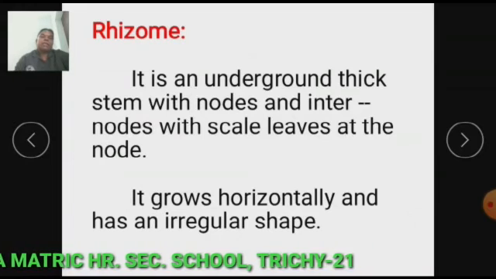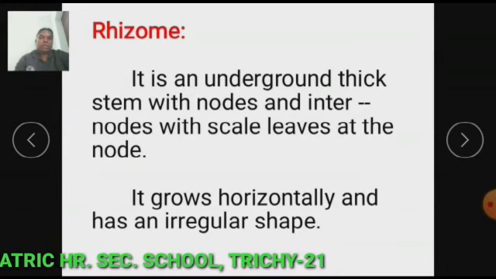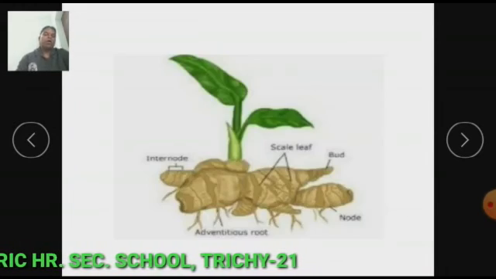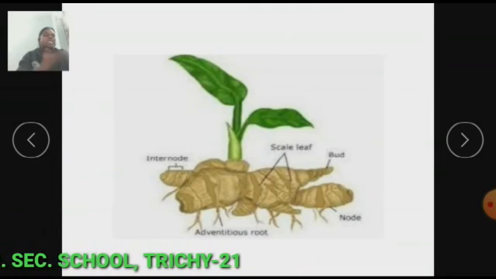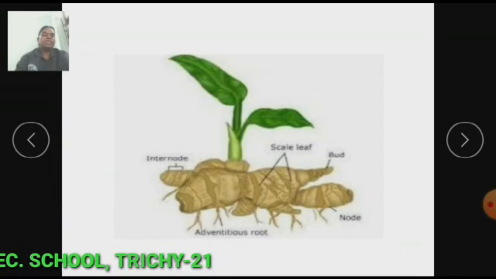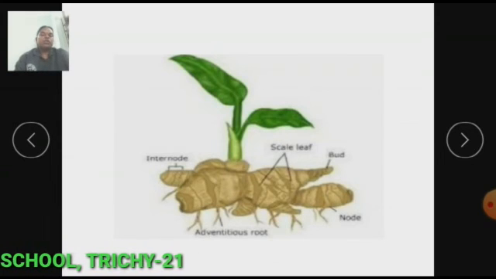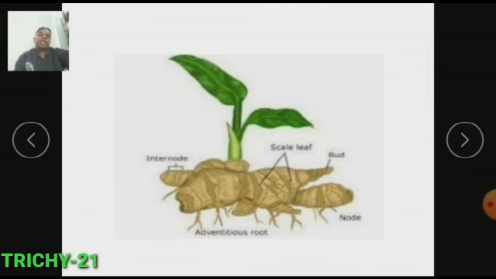Rhizome. It is an underground thick stem with nodes and internodes and has an irregular shape. Rhizomes have buds. It gives rise to new stem and leaves.